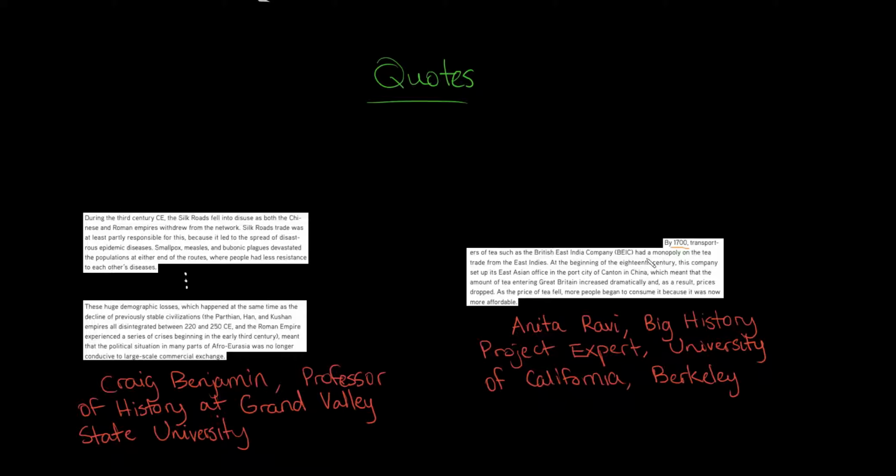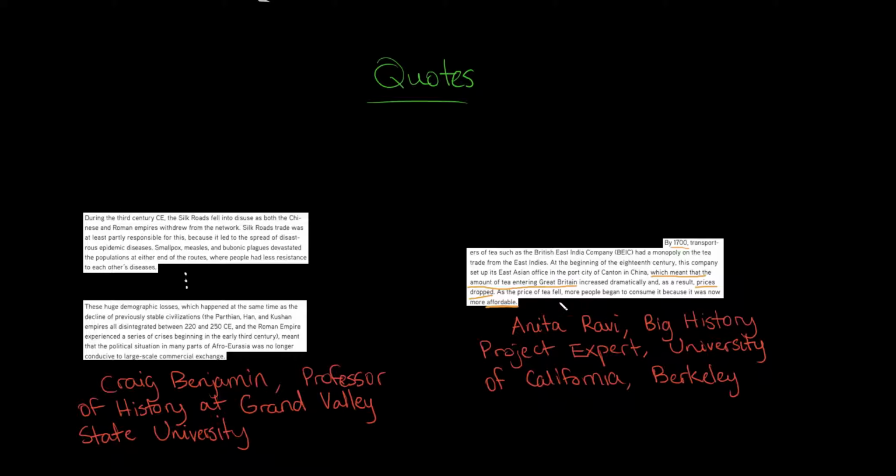At the beginning of the 18th century, this company set up its East Asian office in the port city of Canton in China, which meant that the amount of tea entering Great Britain increased dramatically, and as a result, prices dropped. As the price of tea fell, more people began to consume it because it was now more affordable."